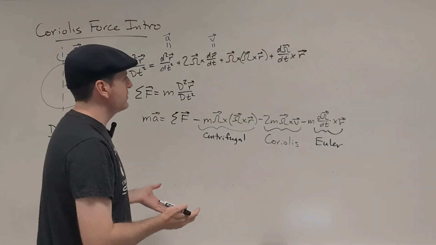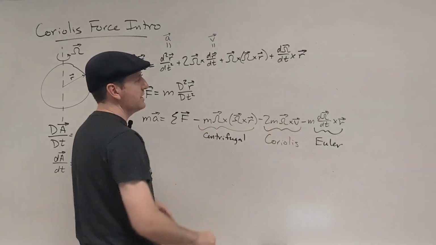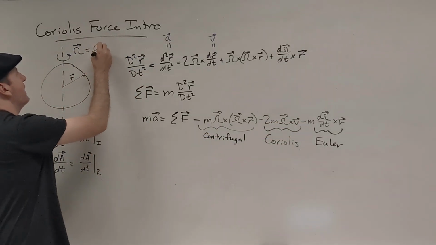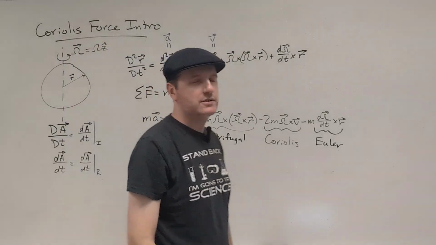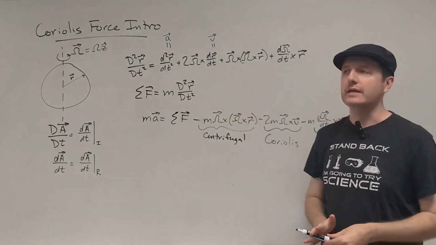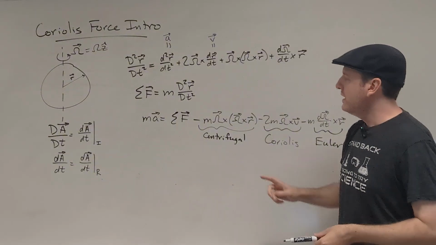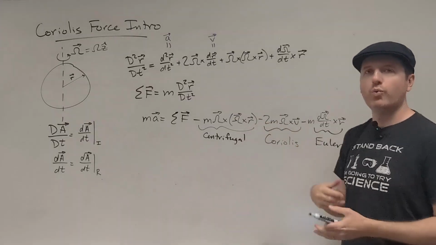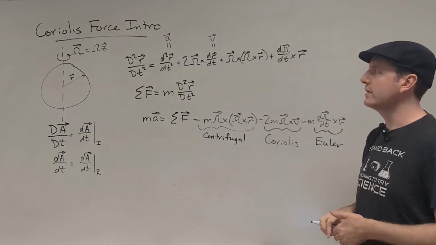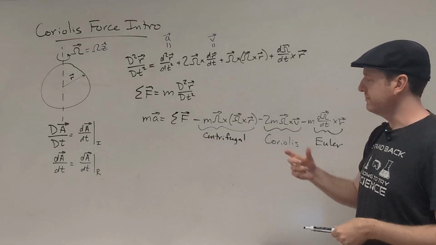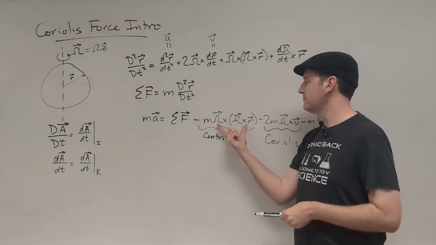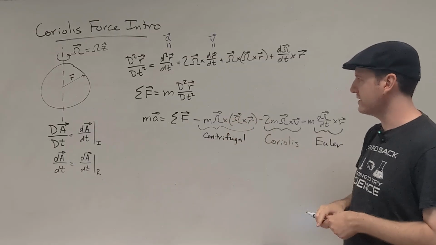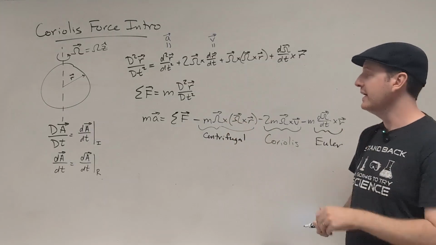So our goal now is to look at each of these in spherical coordinates with a particular choice of omega. We'll usually choose omega to define our z-axis for the rotational axis of the Earth. And then in a future video, we'll take a look at how these cross products all work out in a three-dimensional coordinate system like that. There are additional vector identities that can let us simplify this double cross product.